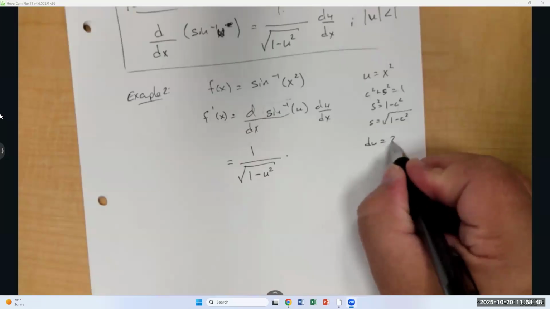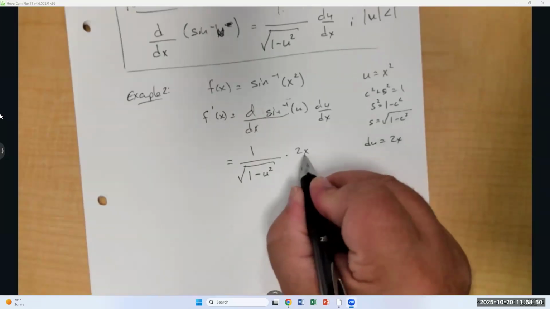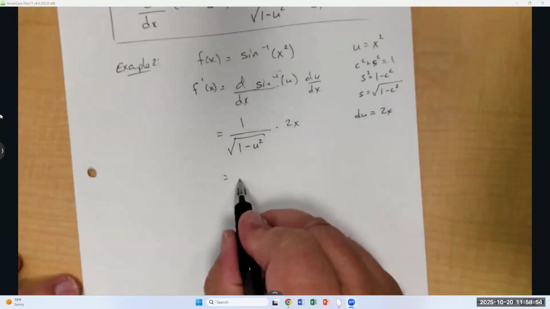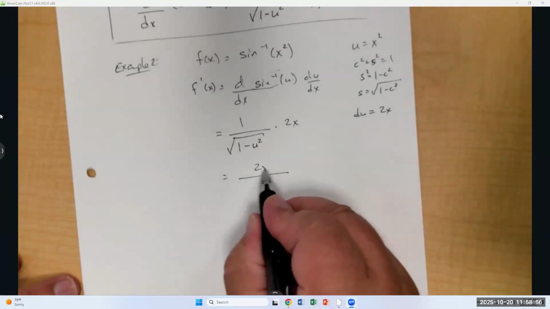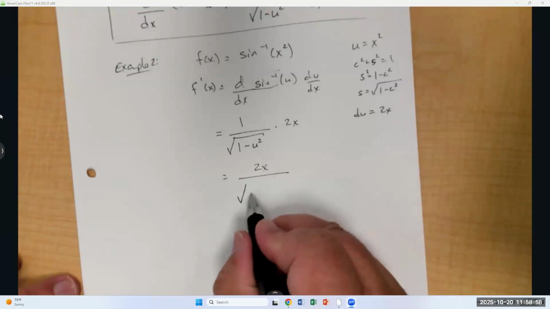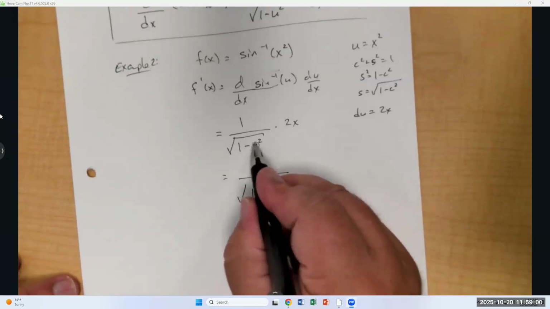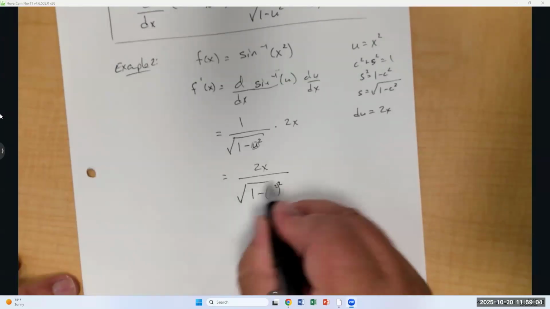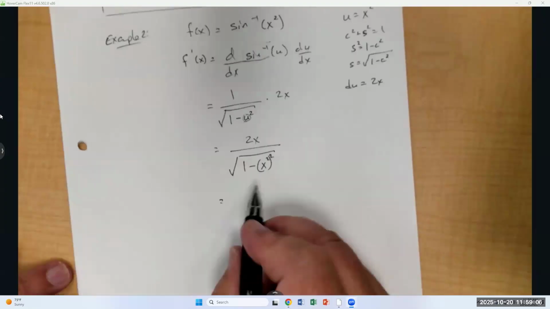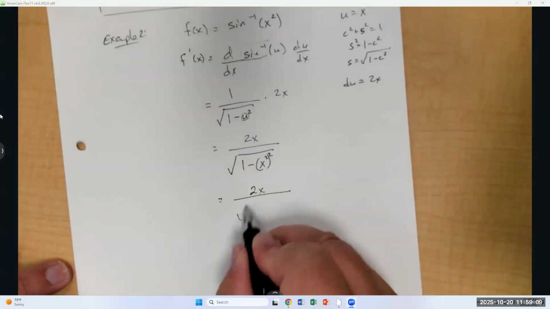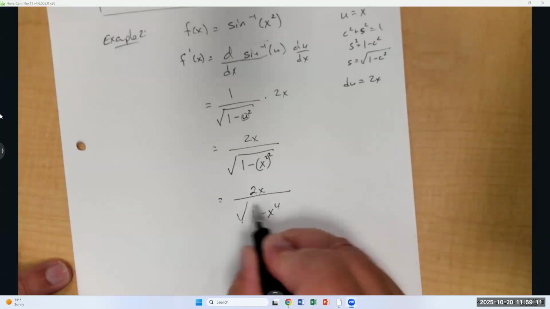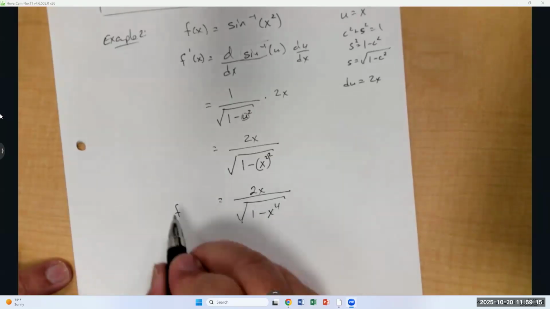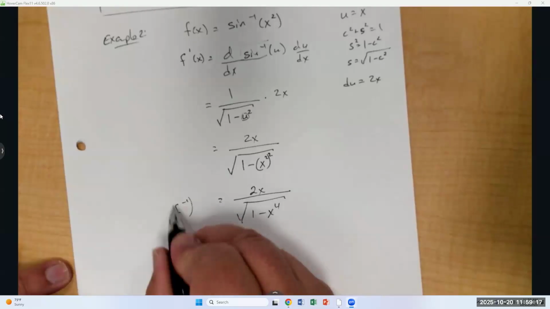Du is 2x. So 1 times 2x is 2x, over the square root of 1 minus. U is x squared, so we have x squared squared, which gives us 2x over the square root of 1 minus x to the fourth. That's the derivative of the inverse.